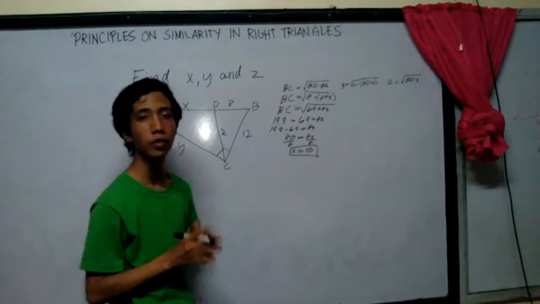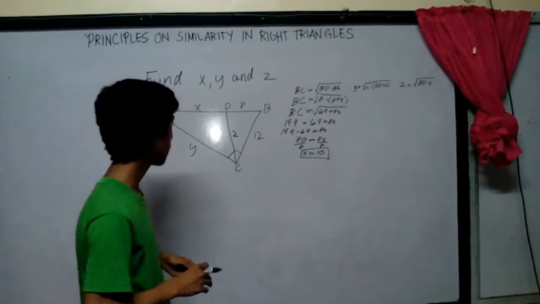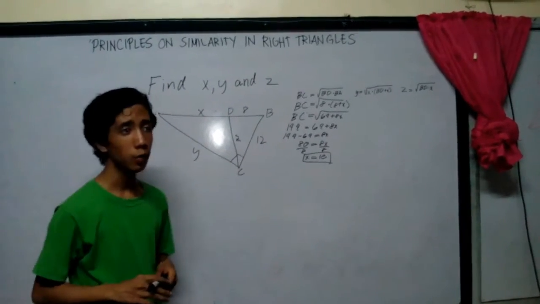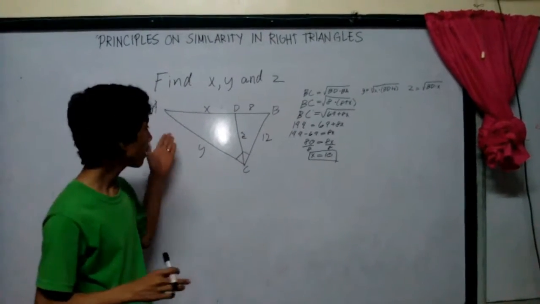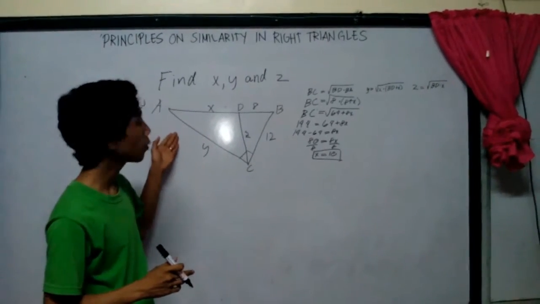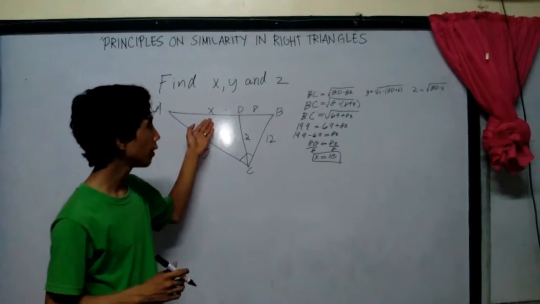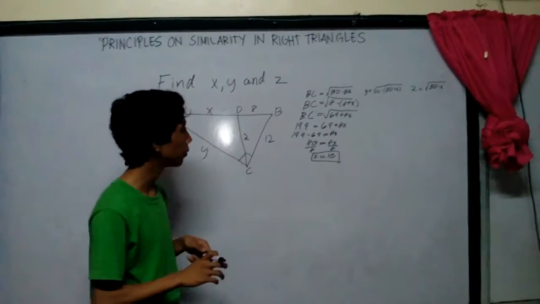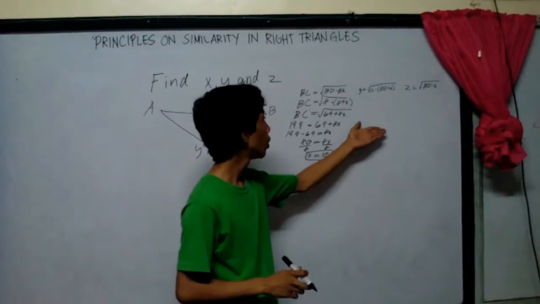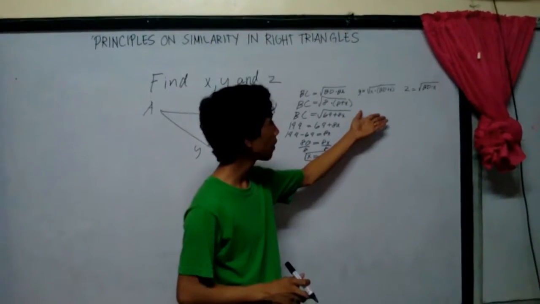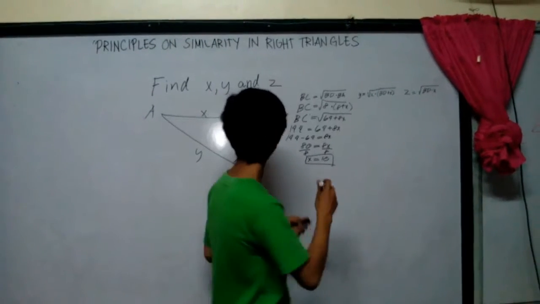Now, moving to the next equation. Let us find y. Again, with corollary 2, y is a length. Therefore, y would be equal to the square root of the adjacent side and the whole hypotenuse. Now, given this equation, y is equal to the square root of x times BD plus x.